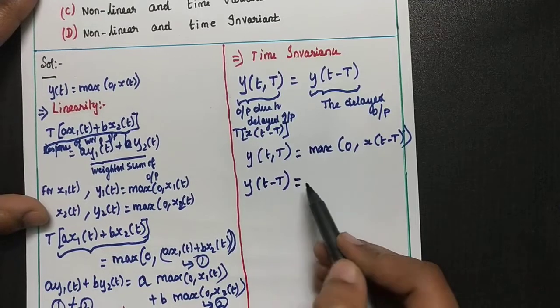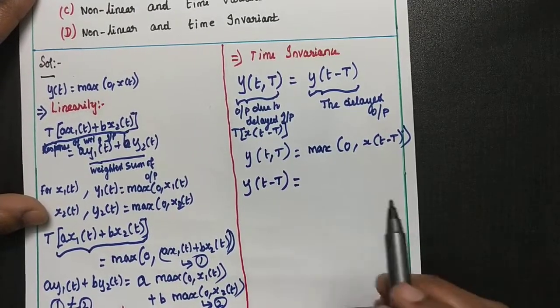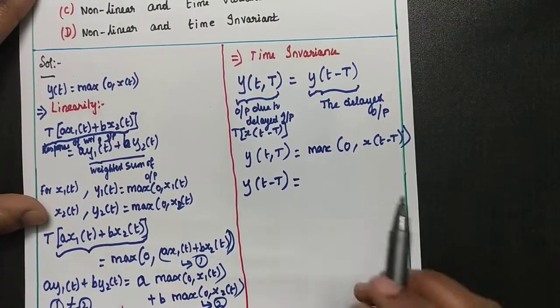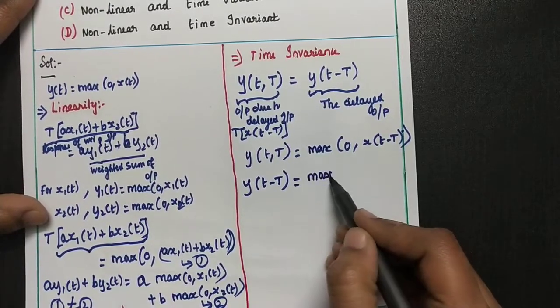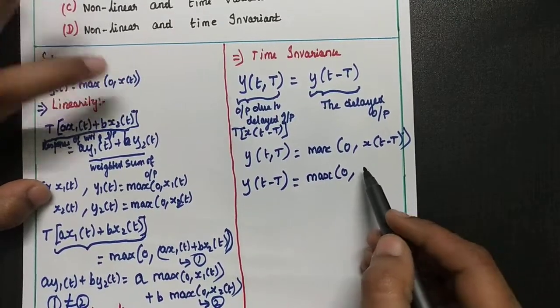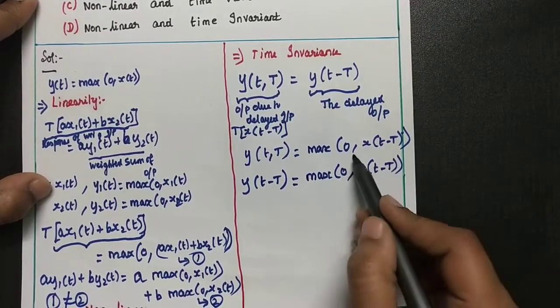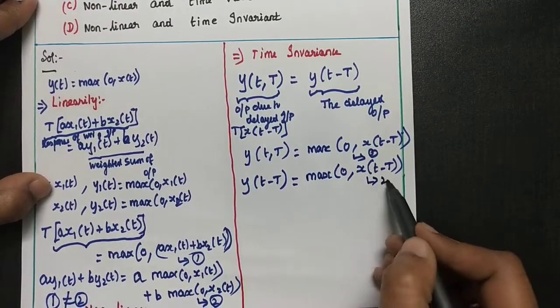The output should be delayed, which means in place of t we replace t minus T. So maximum of 0 comma x of t minus T. Let me take this as the first equation and this as the second equation.